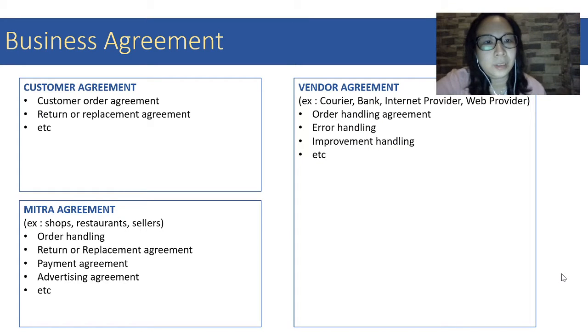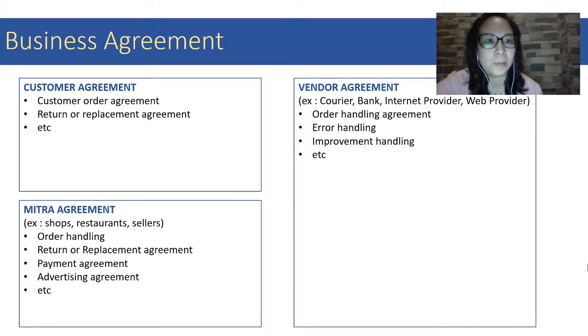And also for the internet provider, what is your agreement with the internet provider, like the maintenance, whether the maintenance can be done during what time? For example, you use First Media, and then what is the agreement with First Media?